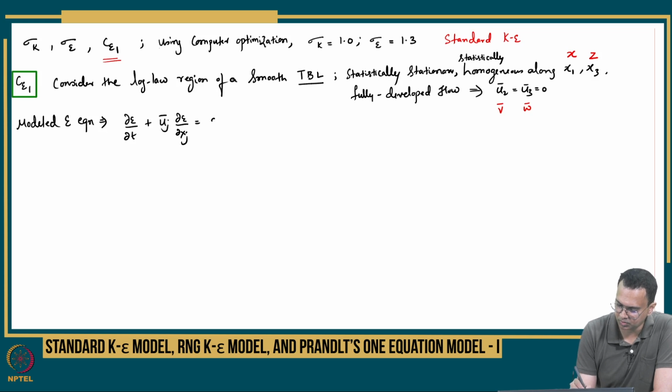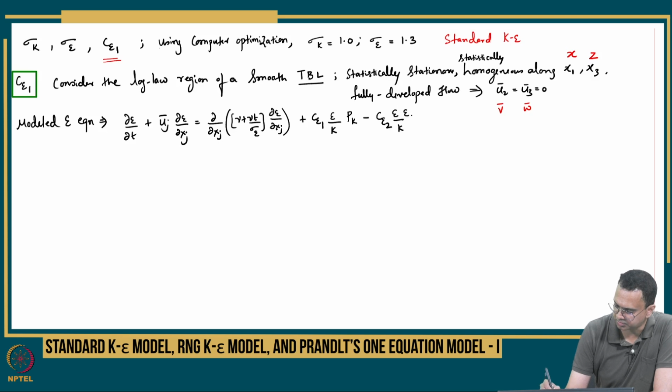So you have ∂/∂xj of (mu plus mu t by sigma epsilon) ∂epsilon/∂xj, and the production rate of epsilon, which is C epsilon 1 epsilon by k Pk, minus C epsilon 2 epsilon square by k, or you can write epsilon by k here.